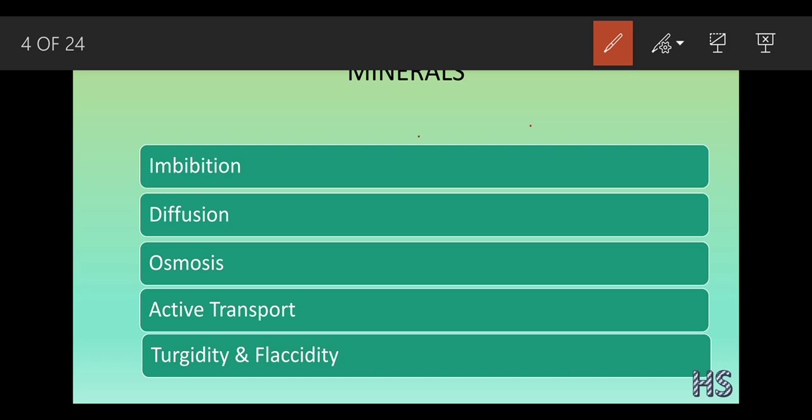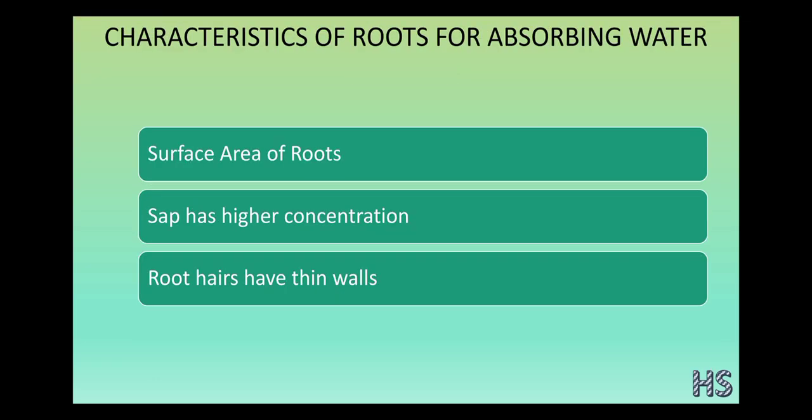I said photosynthesis, transpiration, transportation and mechanical stiffness were the reasons. In the second slide we discussed the characteristics of the roots for absorbing water, how the root should look.